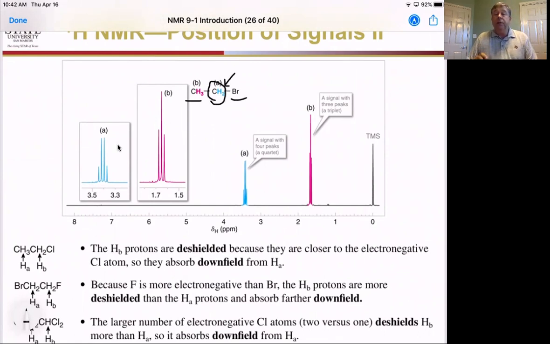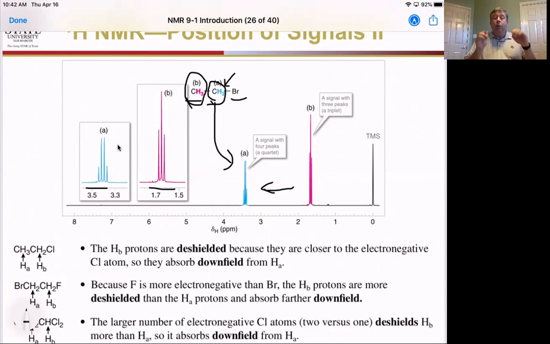The hydrogens that are 1 bond away from that bromine are more influenced by the idea that the bromine is electron withdrawing. Therefore, those hydrogens are more deshielded than the other hydrogens, which means they're shifted more downfield than the ones that are further away from the bromine, okay?